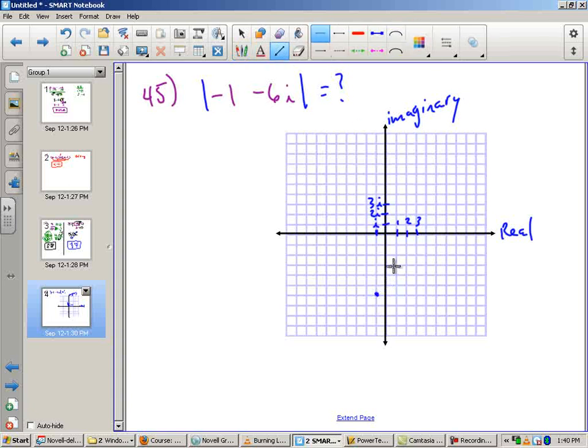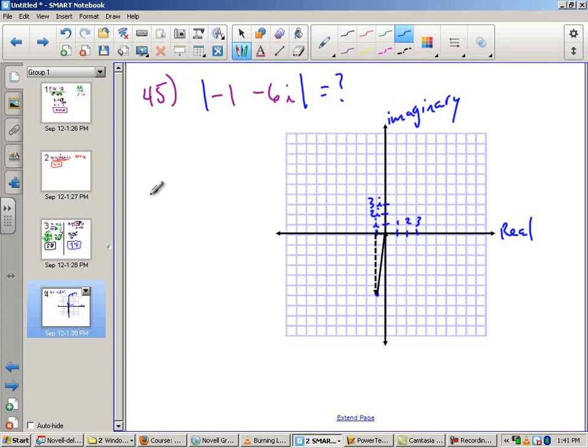And the question that we're really being asked is, how far is it from here to here? That's the question that we're being asked when we say, what's the absolute value? How long is that line? Well, if I think about it in terms of right triangles, I'd have this right triangle here with a length of 1 and a length of 6 to make its sides.